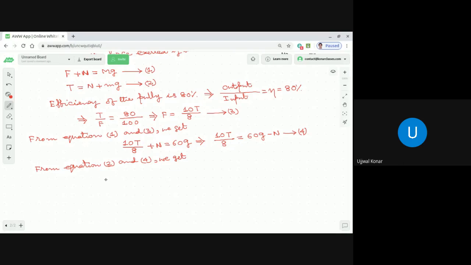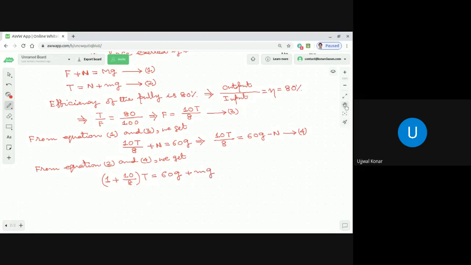1 plus 10 by 8 into T is equal to, N and N got cancelled, so we get 60g plus m into g.